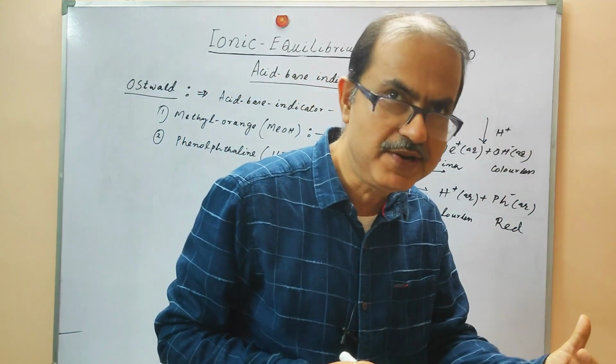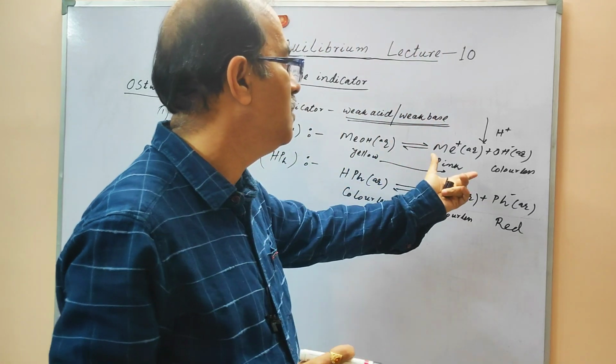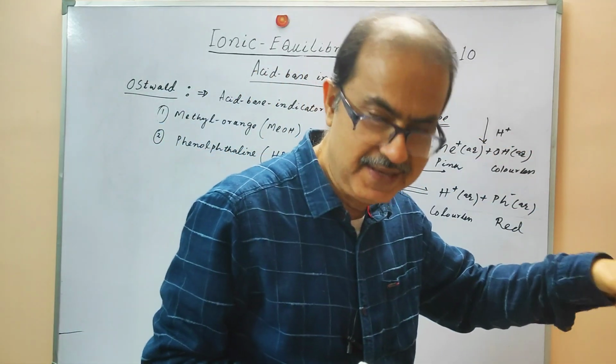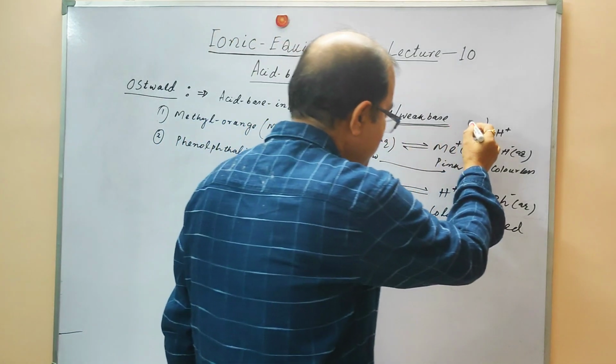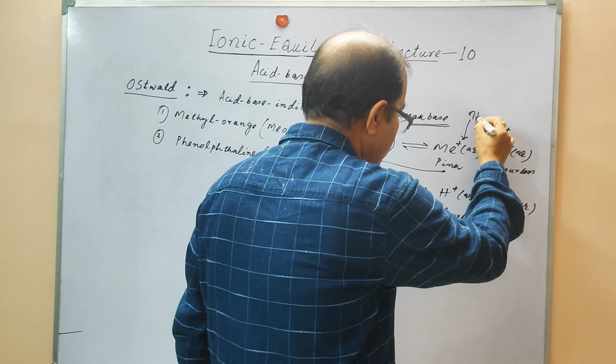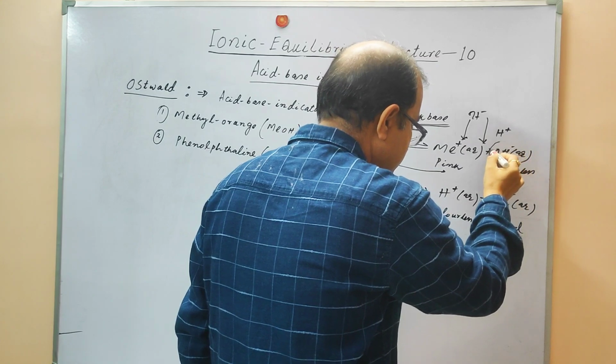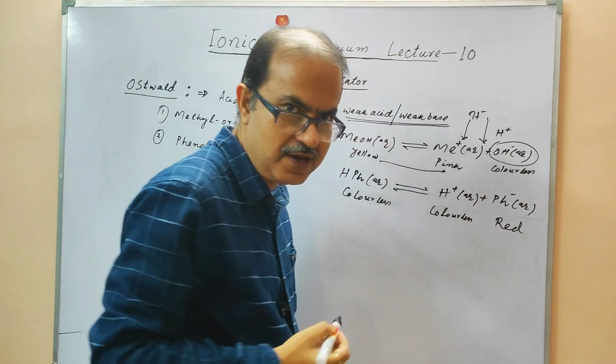So when it is acid medium, the methyl orange yellow becomes pink. Okay. When we put the OH minus ion, what is going to happen? The OH minus ion becomes surplus.